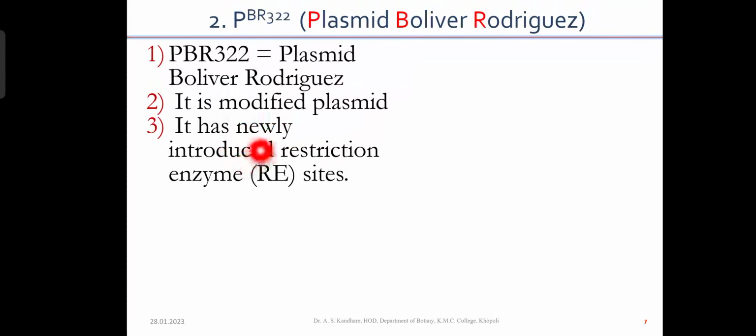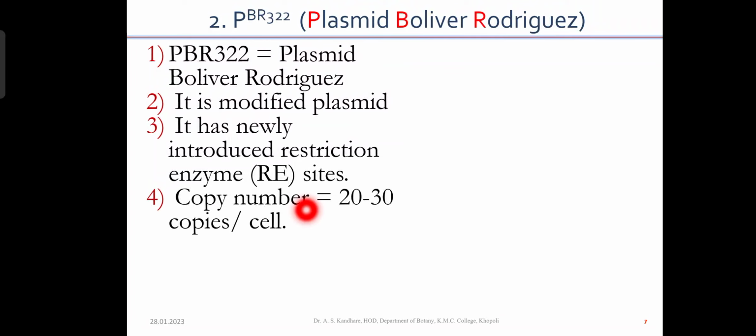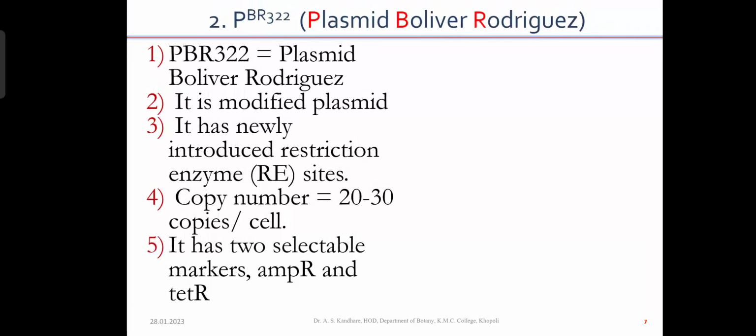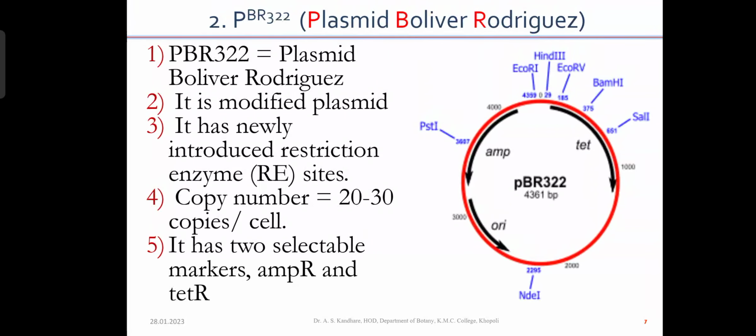So in the laboratory, a number of restriction sites have been introduced in this plasmid. Its copy number ranges from 20 to 30 copies per cell. It has two selectable markers, that is an ampicillin resistant gene and tetracycline resistant gene. So these are the important features found in PBR322.